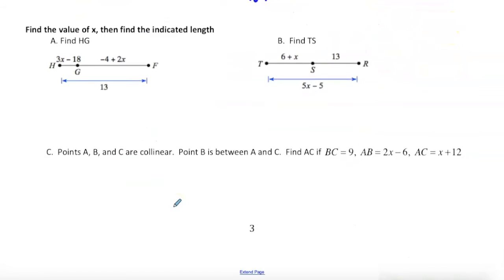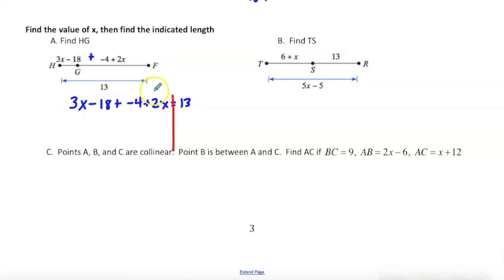Find the value of x, then find the indicated length. So we have to find x first, then we're going to find the length of HG. I know if I add these two together, it has to equal the big piece. So we're going to go ahead and write our algebraic expression here. And I am assuming your algebra skills are pretty sharp since you had algebra with Mrs. Kipper last year.